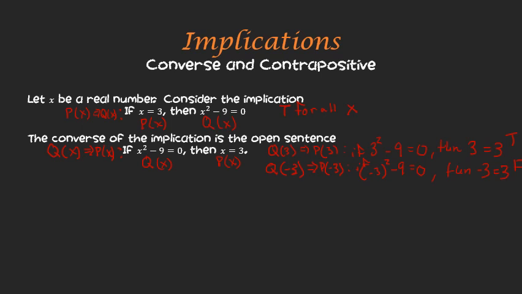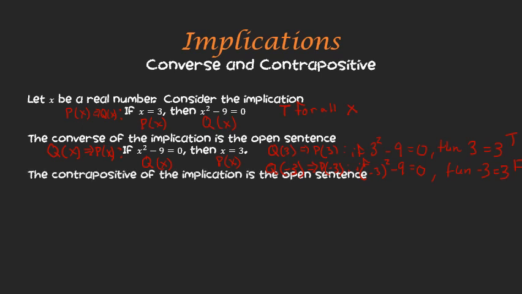All right, so let's look at another related thing. The converse is just switching the order. The contrapositive involves some negations. So the contrapositive of the implication is the open sentence: if x squared minus 9 is not equal to 0, then x is not equal to 3. Notice we're starting with the x squared minus 9 thing, but this is the negation of that.